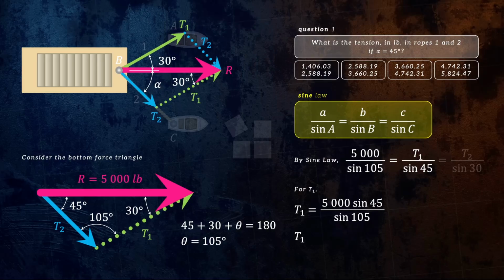Solving now for T1 will give you a value approximately equal to 3,660.25 pounds. And this is the tension in rope 1.